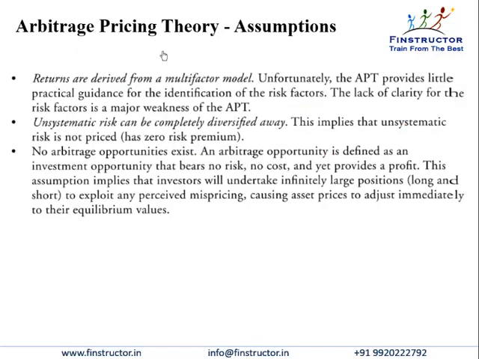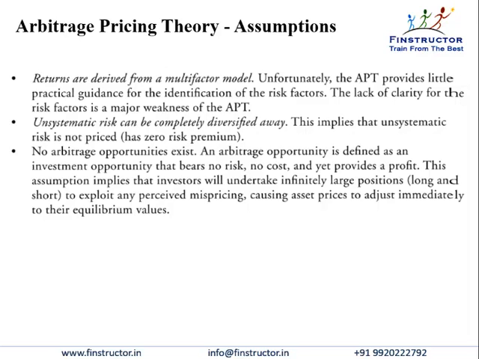Now, a very important multi-factor model is given by the arbitrage pricing theory. Rather, it's not given, but is explained by the arbitrage pricing theory. Now, the reason that we need the arbitrage pricing theory is because of the extremely limiting set of assumptions under which we derived the CAPM and the securities market line.